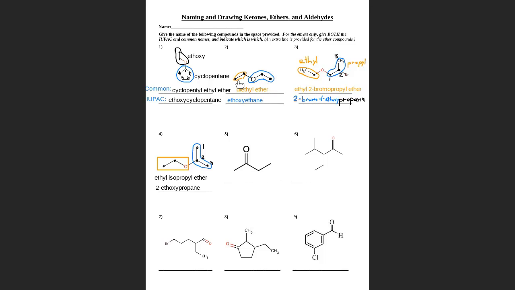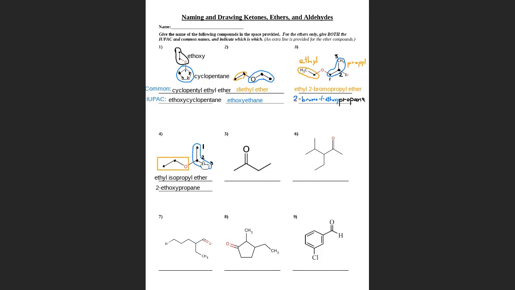So for that one, you don't need it. But with a 3 carbon chain or more, for alcohols, other functional groups, things like that, you do need to put a number indicating where it is. But very good.